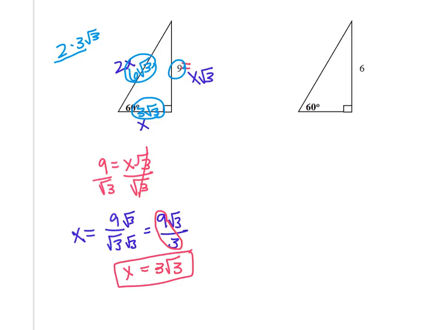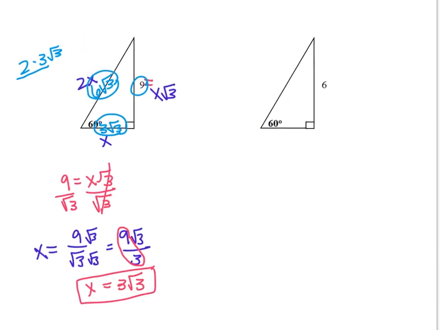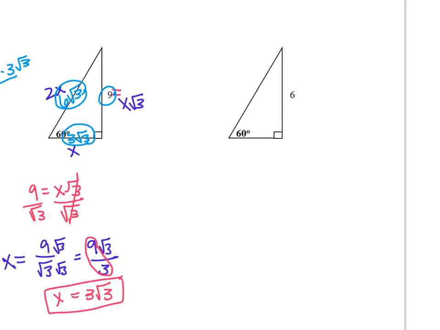All right, I bet this next one is kind of similar to that, where we have to rationalize something, but let's see how it works out. Across from the 60 is the x square root of 3. Hypotenuse is 2x. Across from the 30 is the x. Put in your equal sign. Go ahead and solve. 6 is equal to x square roots of 3. Solve for x by dividing by the square root of 3.